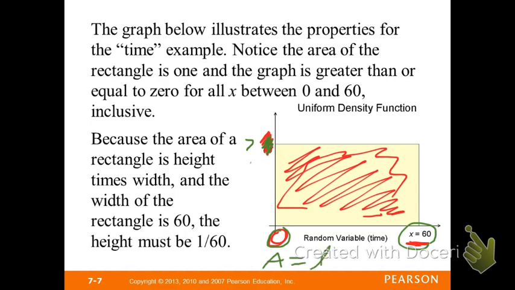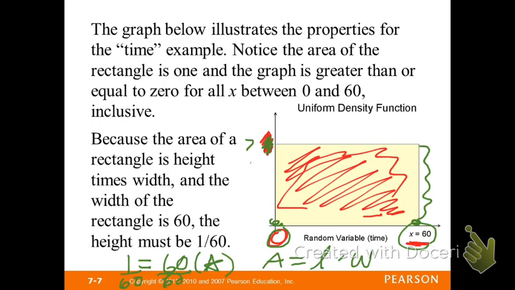You know area equals length times width, right? So you might want to know, what's the width of this rectangle? Well, if the area equals 1, and the length is 60, then 60 times what makes 1? Well, just like in algebra, you would divide by 60, and you get 1/60.